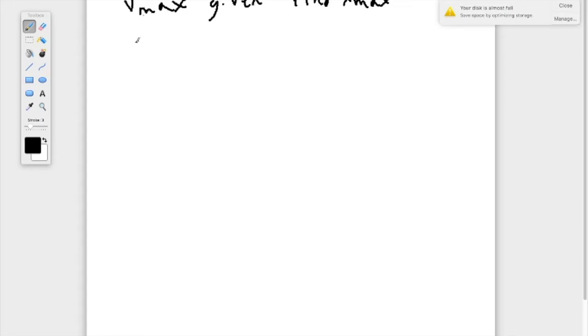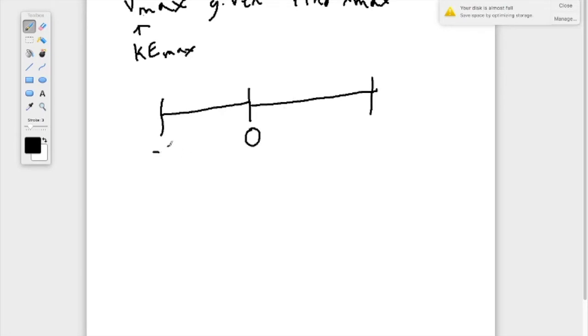Basically, the velocity is at its maximum when the kinetic energy is at its maximum, and that would be at the equilibrium position, correct? So let's get a number line here: 0, negative A, and then A. This is where kinetic energy is at the max, right?